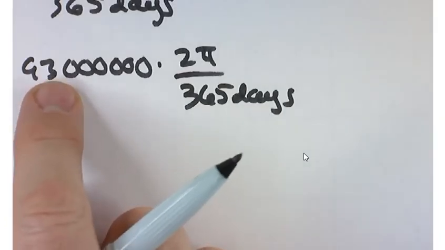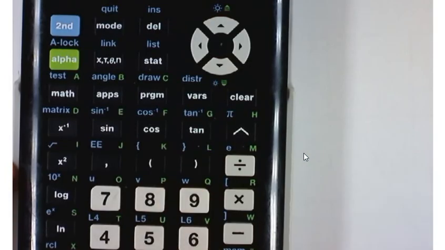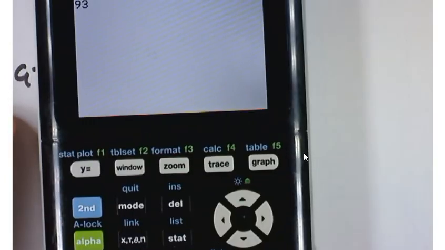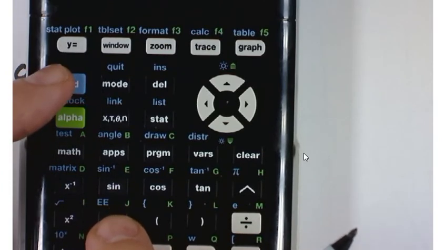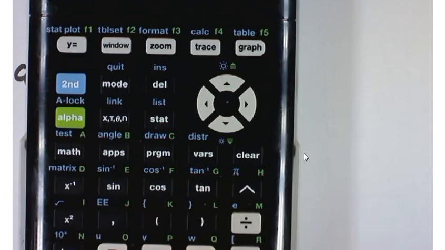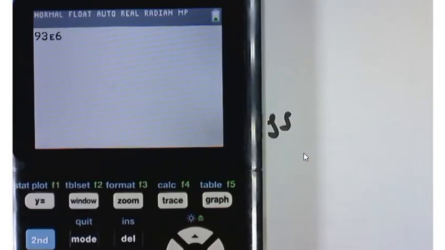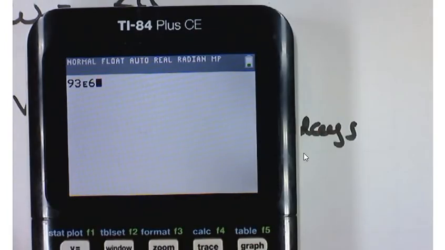So this is 93 followed by 6 zeros. So if I type in 93 times 10 to the 6, well, the cheating way to do that is you type second, comma, and put a 6 there. 93E6. That's 93 million. Times what? Times 2 pi.